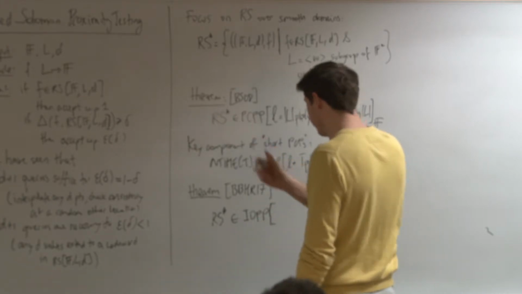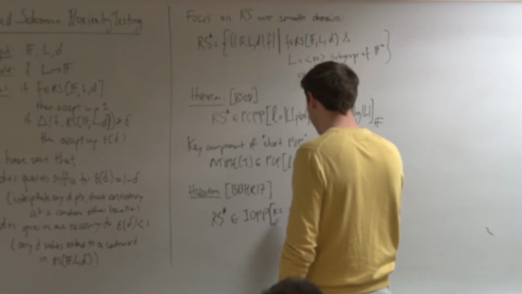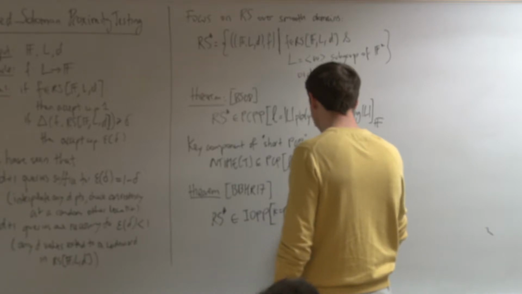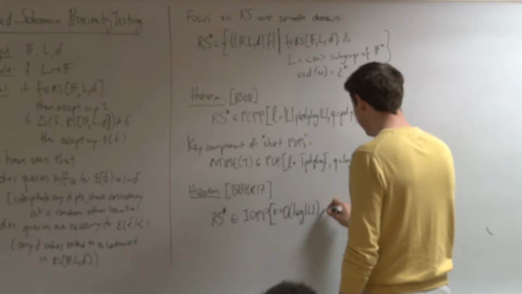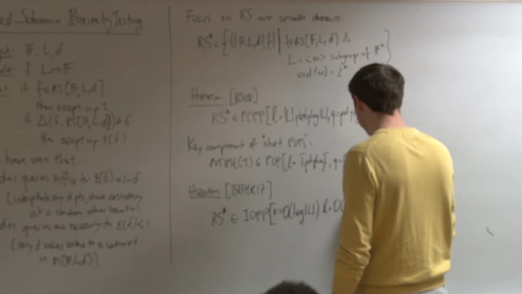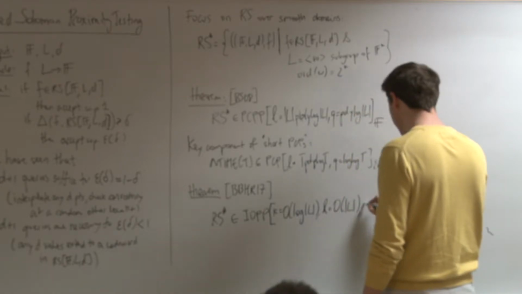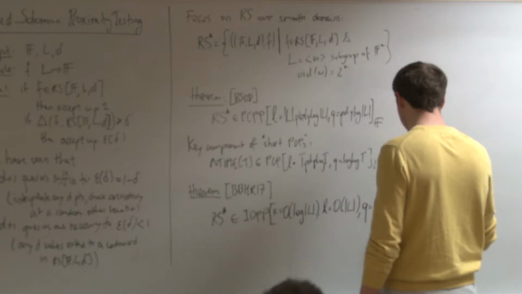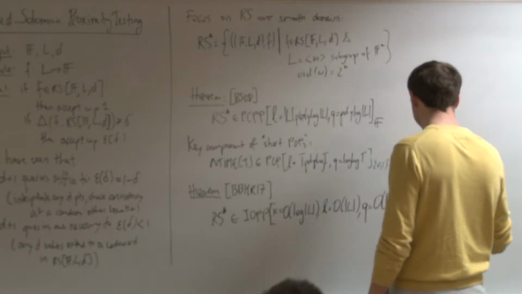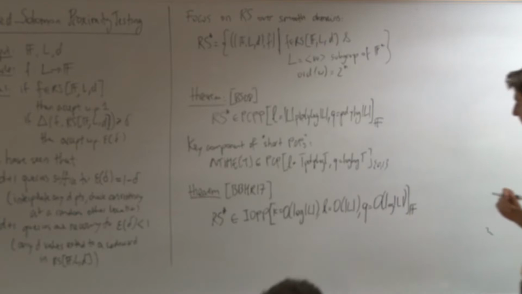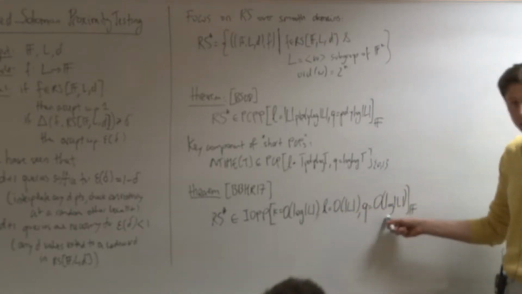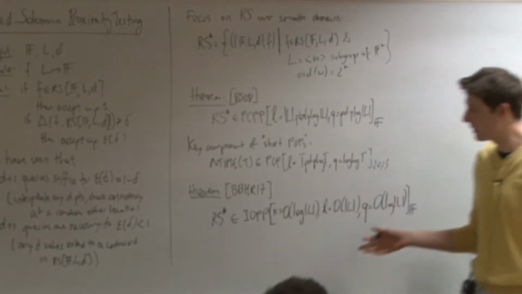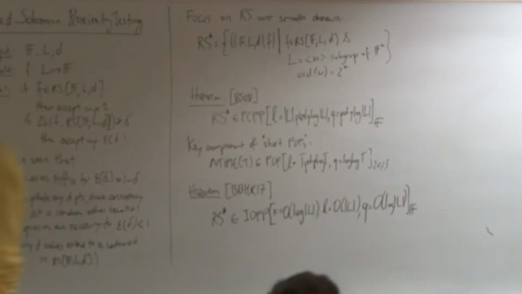I mean, the parameter regime that we stated there is precisely inherited from this point. So the number of rounds is going to be log L. The length is going to be linear in L. And the number of queries is going to be log L. Notice that this log-linear-log regime is precisely the one that is stated here.